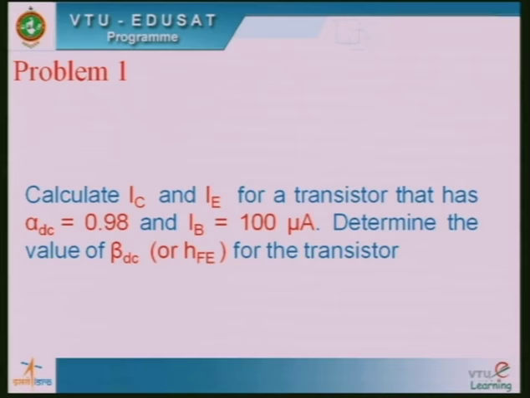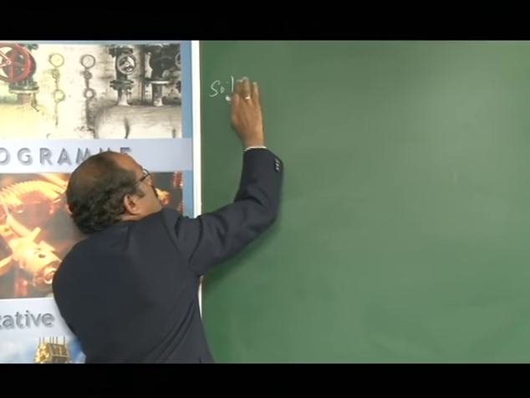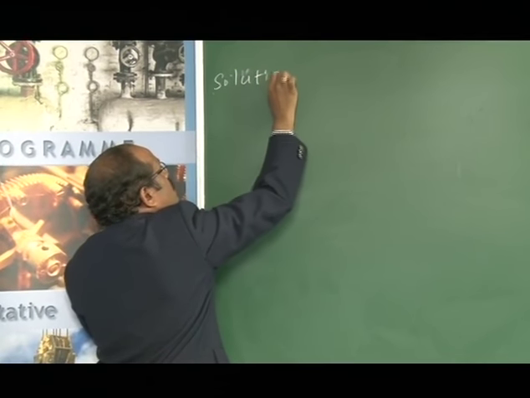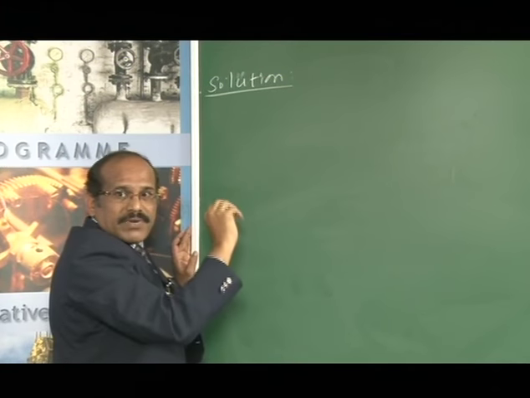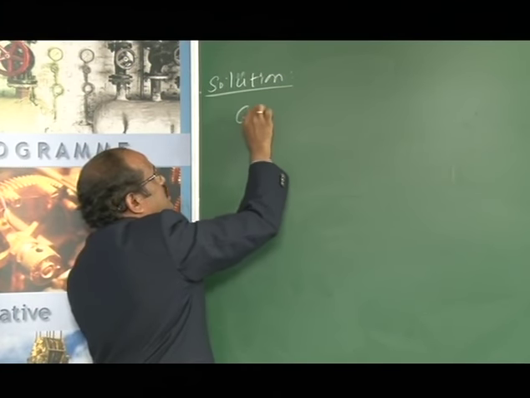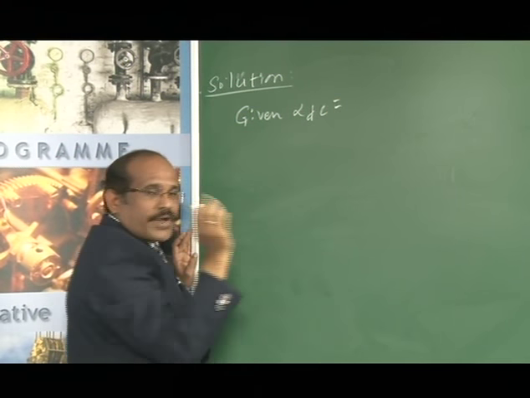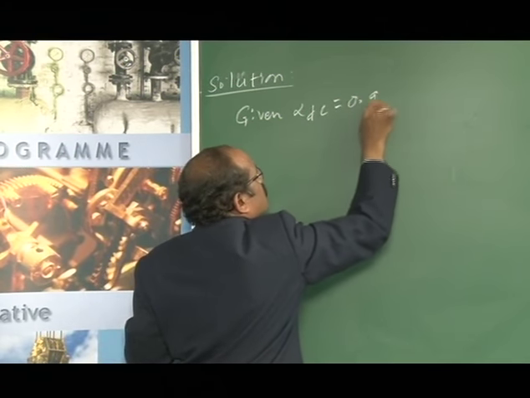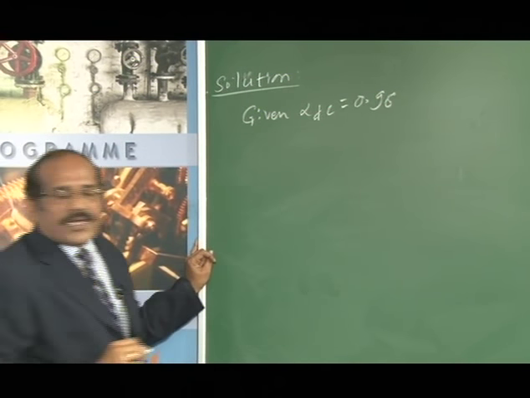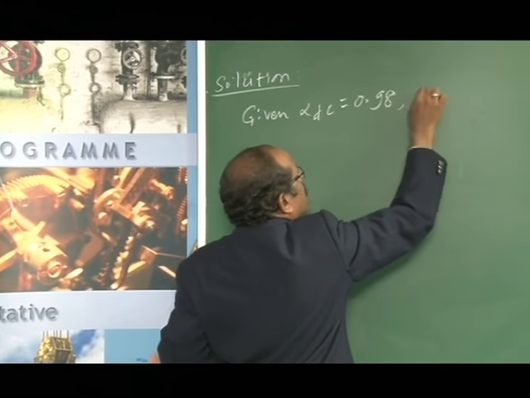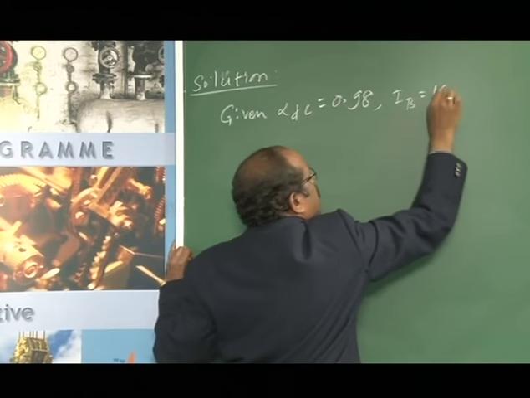So what is asked here? We need the given data. Given is alpha DC equal to 0.98, that is the common base current gain, and IB, that is the base current, is given as 100 microamperes.